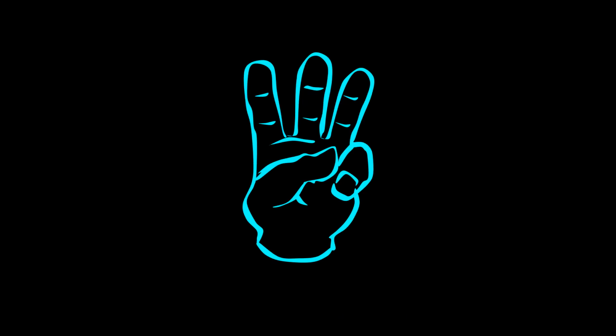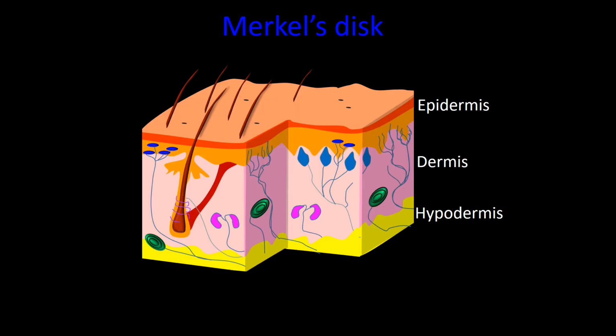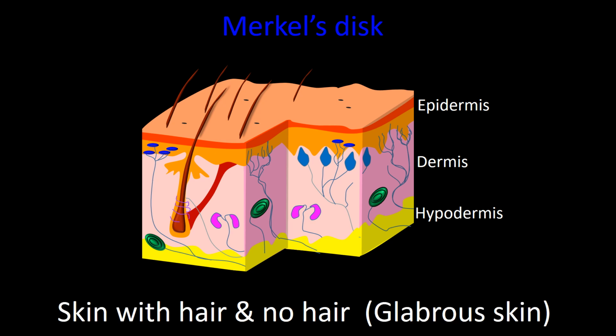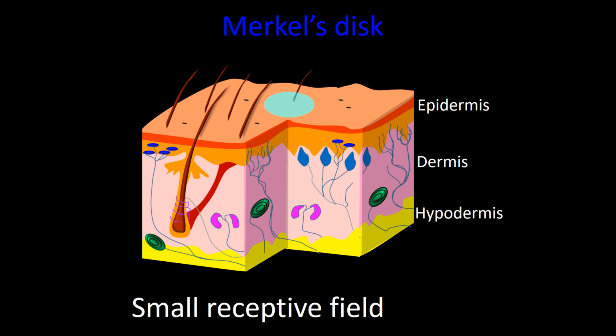The third type of cutaneous receptor I am going to mention is the Merkel disc. They are found in the lower epidermis and upper dermis. They are present in hairy and non-hairy skin. Merkel's discs have small receptive fields.